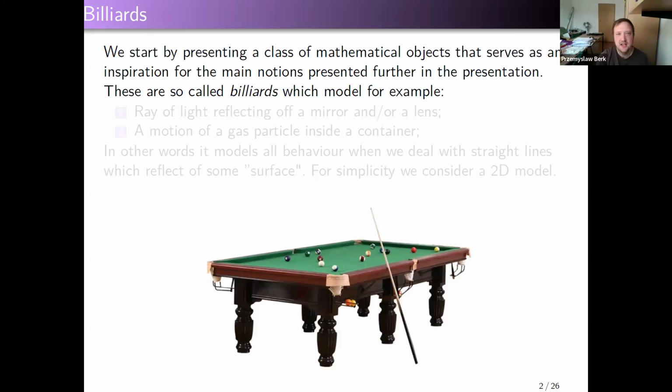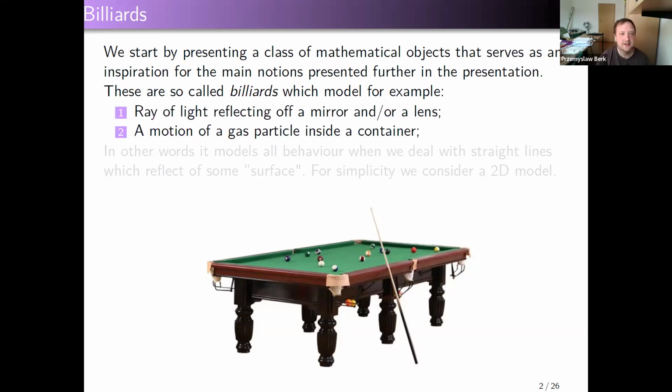A billiard is a very simplified dynamical model that is supposed to model some easy physical behavior, such as a ray of light reflecting off a mirror in a room of mirrors, or perhaps the motion of a gas particle inside a container. But like I said, the model is very simplified.